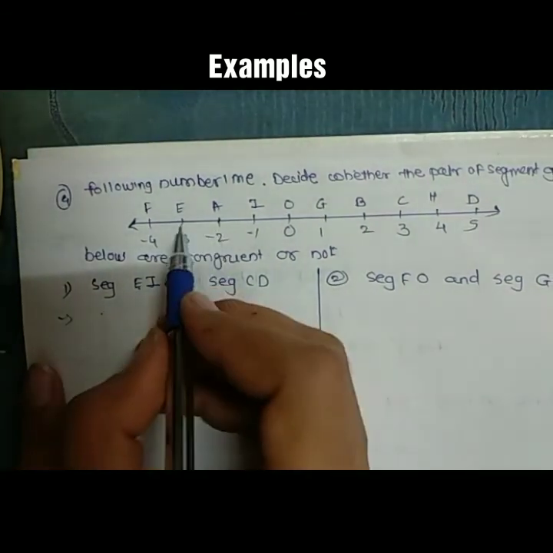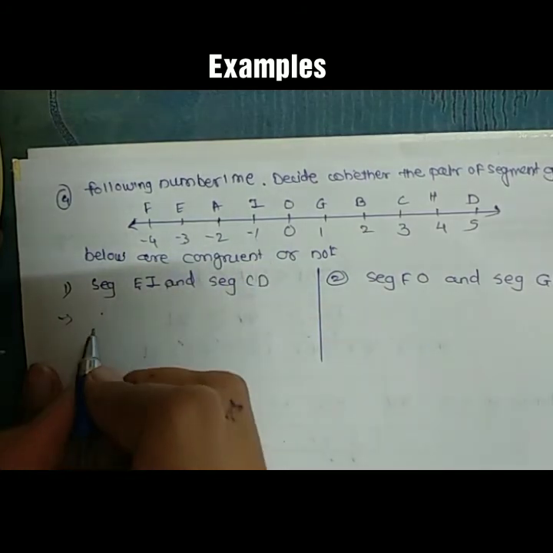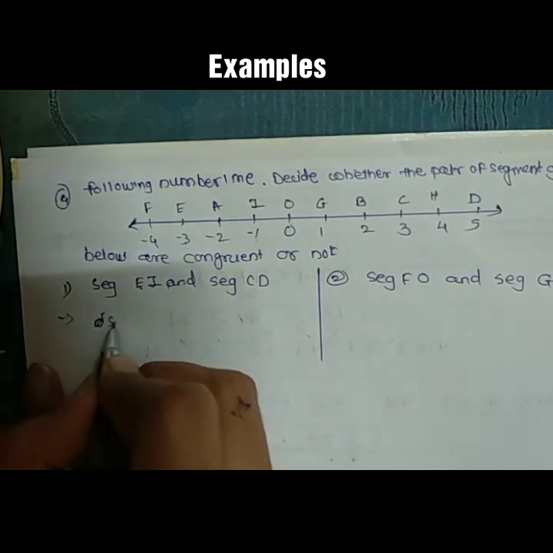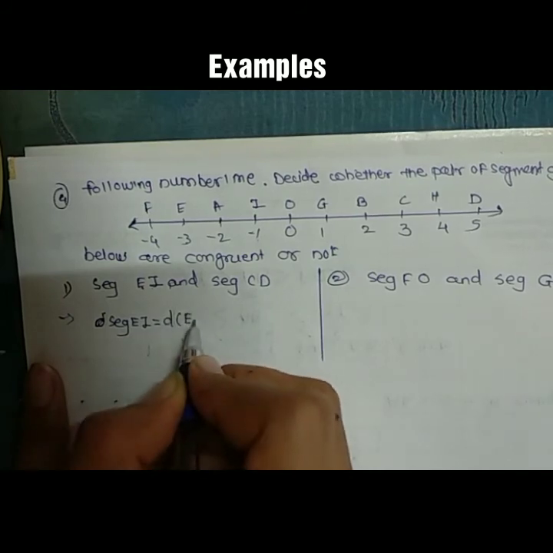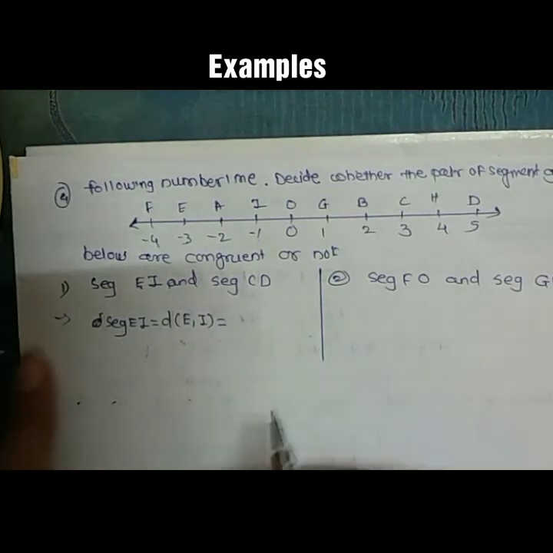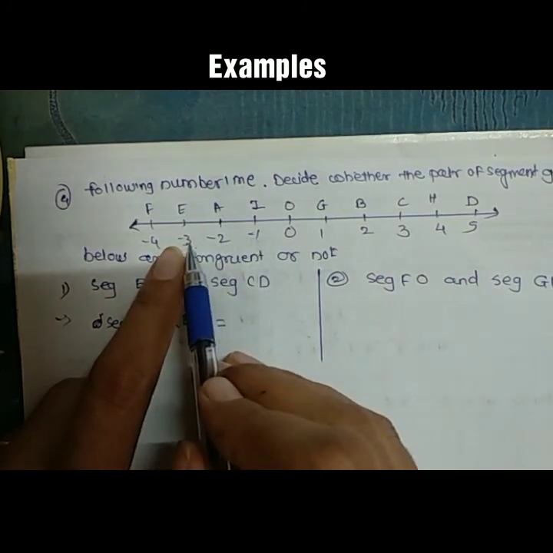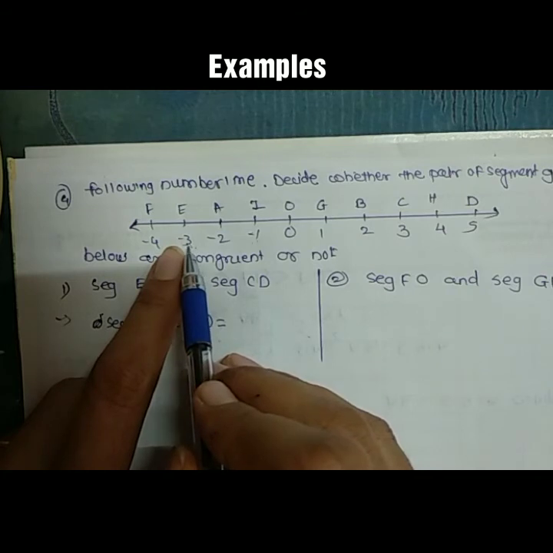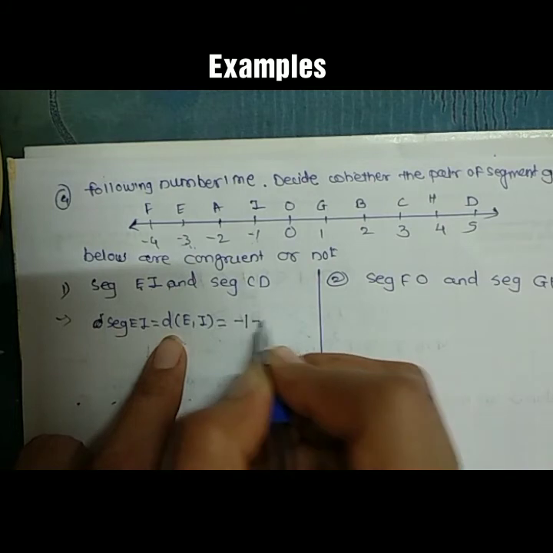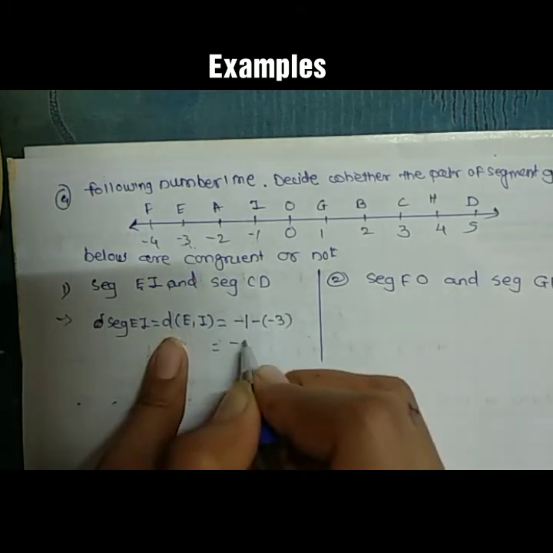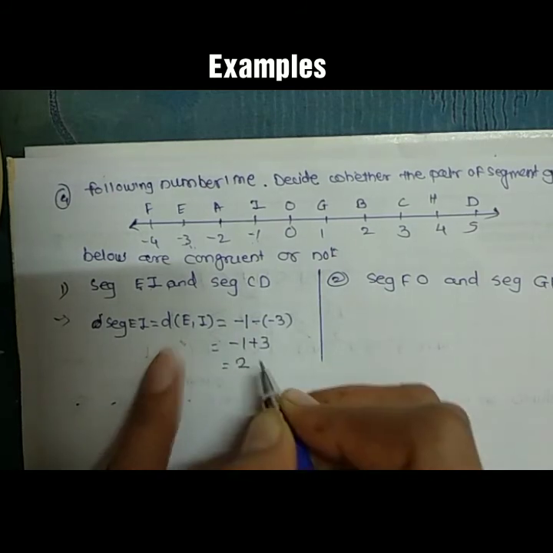Here the coordinate of E is -3 and the coordinate of I is -1. So distance of EI: between -3 and -1, -3 is the smaller number, so subtract -3 from -1. -1 minus -3, that is -1 plus 3, which is 2.